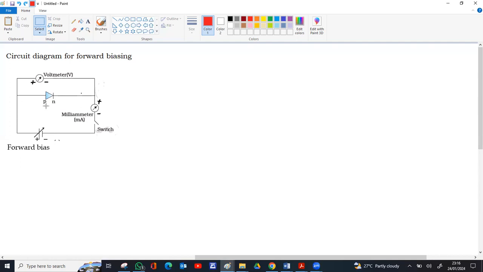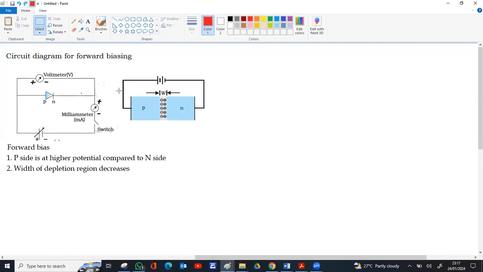So the width of the depletion region near the junction starts decreasing because the holes and the free electrons start entering towards the center because of the repulsion from the cell.